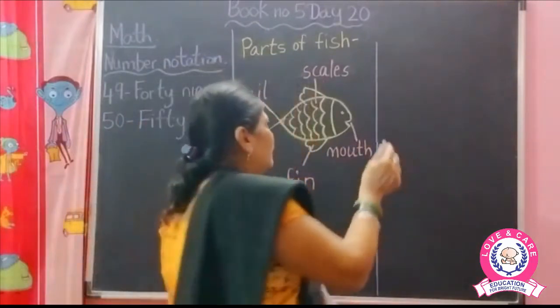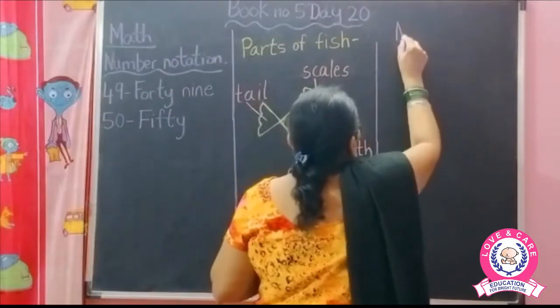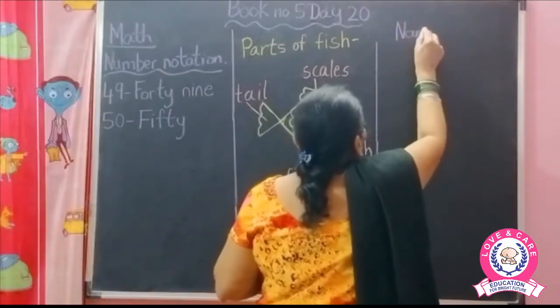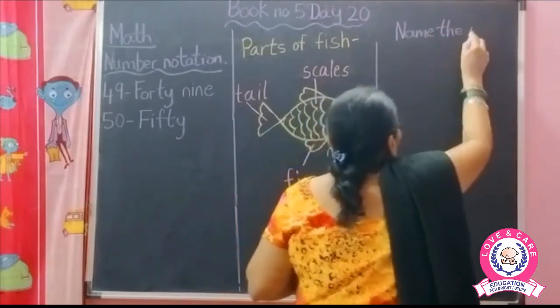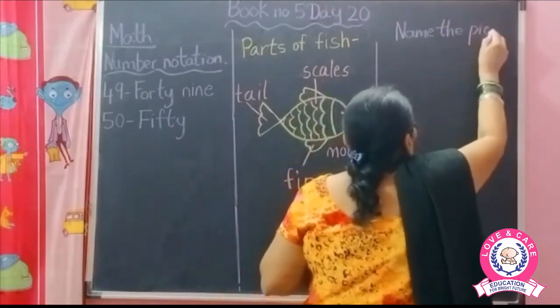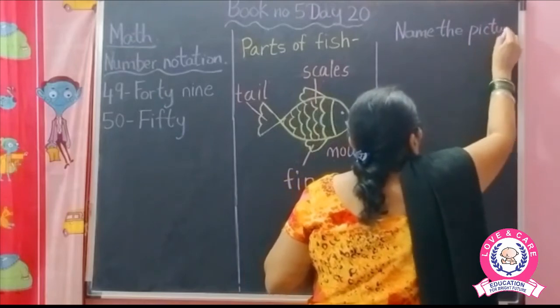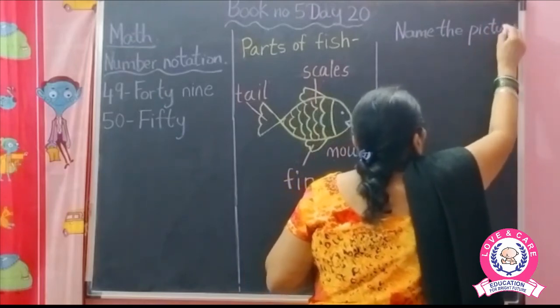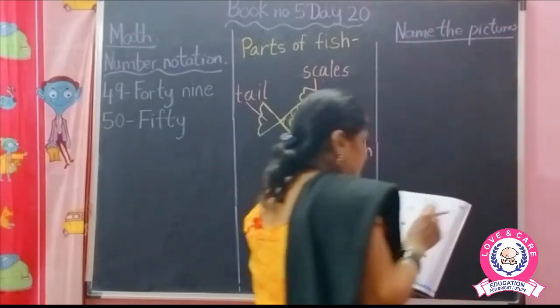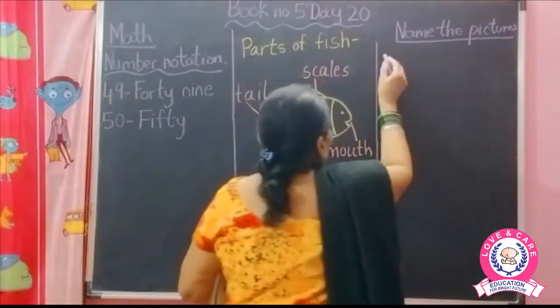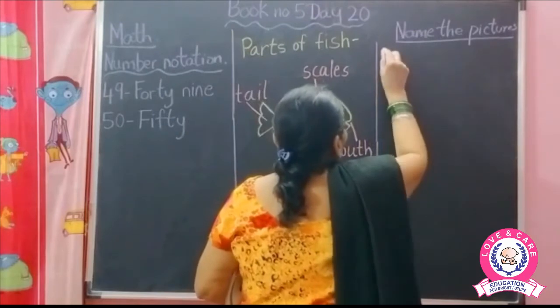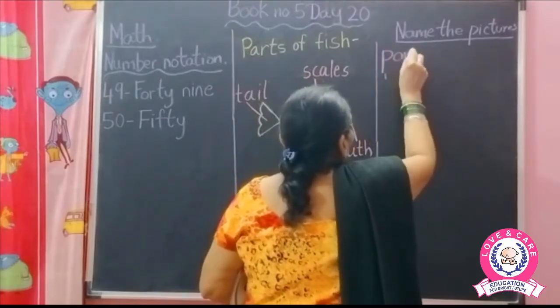Here, name the pictures. What do you have to do? You have to name the pictures. See, first picture is what? Pan. So you have to write the spelling of pan. P-A-N, pan.